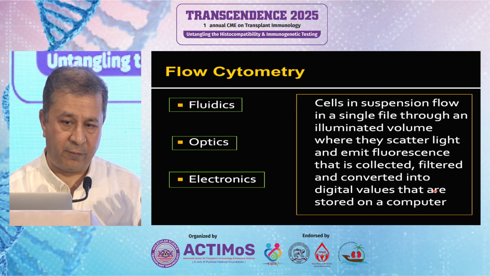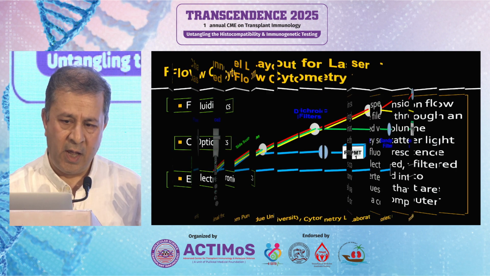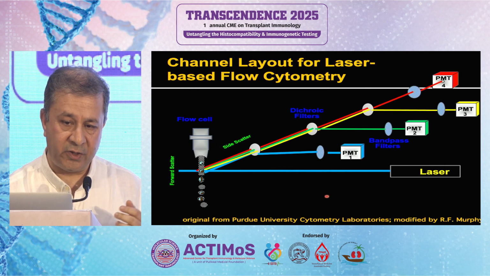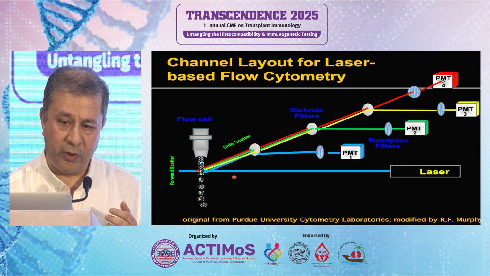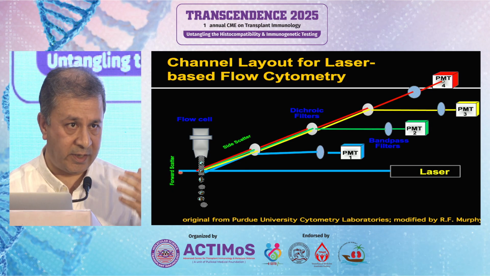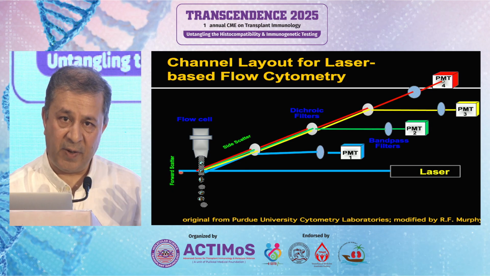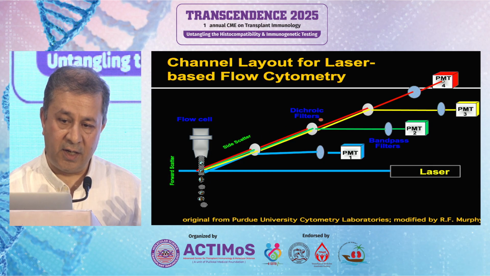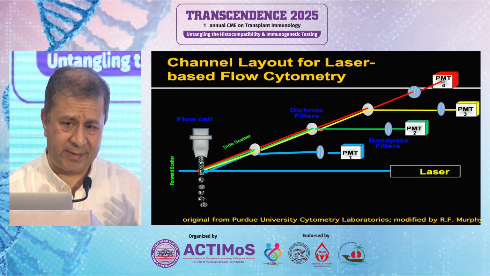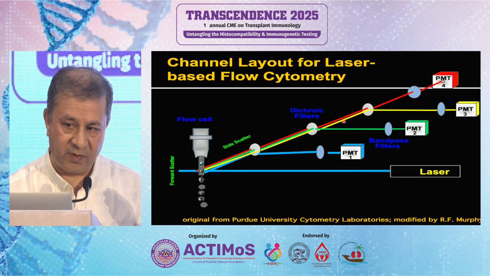Okay, so what happens? You have a set of fluidics, optics, and electronics, which is more of a theoretical part. I'll not get into details, but just to give you a pictorial representation, you have cells falling in a single straight line, as you can see in the laser pointer here. The laser falls on them, gives you what is called the forward scatter, that gives you the size of the cell, and on the right-hand side, you have this color coming at a 90 degree angle. It gives you the complexity of the cell.